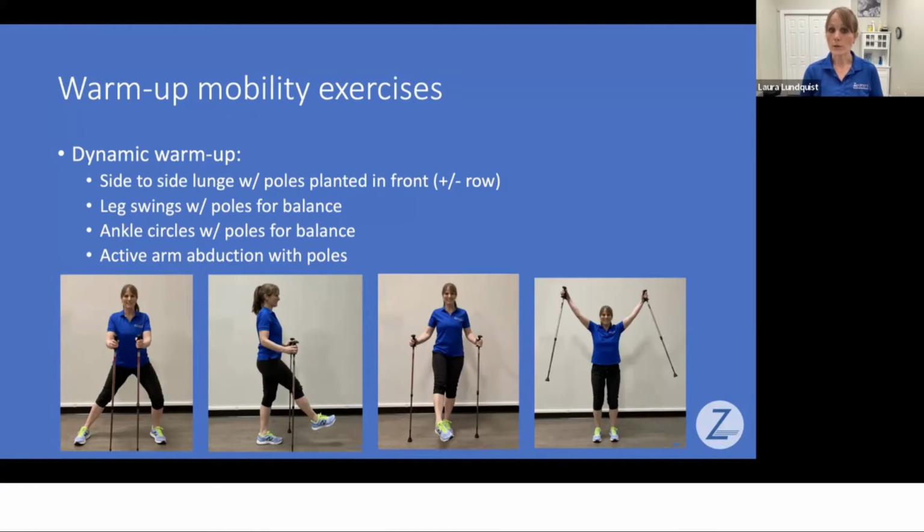You could also do ankle circles, again, warming up your ability to be standing on one leg, a little bit of moderate stability with the poles, and then just rolling the ankle in each direction on each side. And then a little bit of active arm abduction with the pole. Especially because when we're using poles, we are going to incorporate the upper body into our movement. Important to make sure that those muscles are ready for action as well.